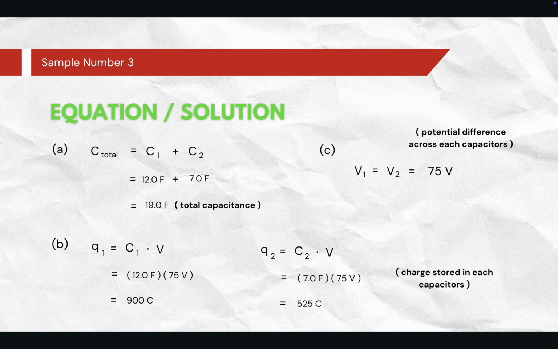Equation, total capacitance ng parallel is to add the capacitor number 1 and capacitor number 2. 12.0 F plus 7.0 F is equal to 19.0 F. Yung charge stored in each capacitor ng parallel is to the capacitor number 1, ita-times natin dun sa given na volt. 12.0 F times 75 volt is equal to 900 C. Ganoon lang din dun sa capacitor number 2. Ang sagot niya is 525 C. Then yung potential difference across each capacitor is V sub 1 is equal to V sub 2 is equal to 75 volt. Yan yung given na volt.